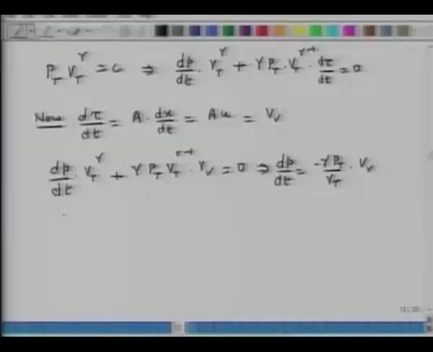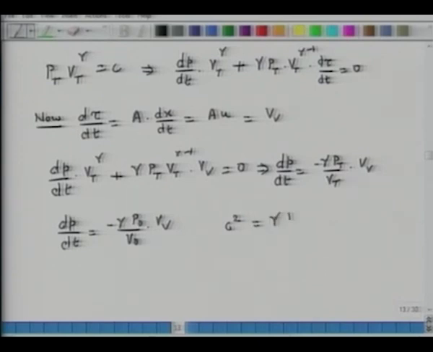So I can simplify this further: minus gamma P naught over V naught times the volume velocity. Again, we know that C square is gamma P naught over rho naught. So I get P naught gamma equals C square rho naught.